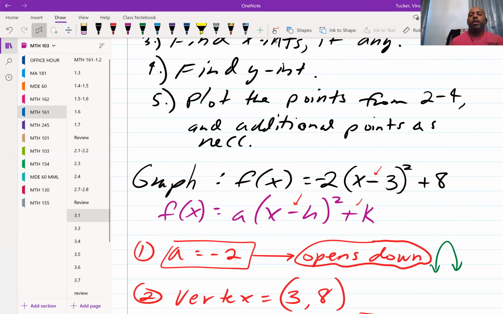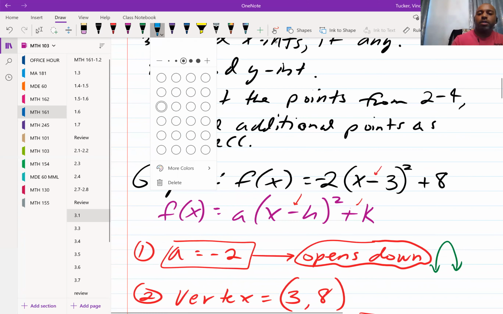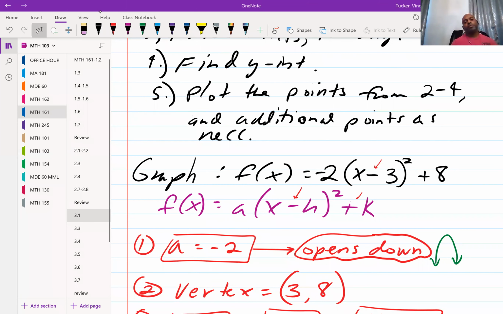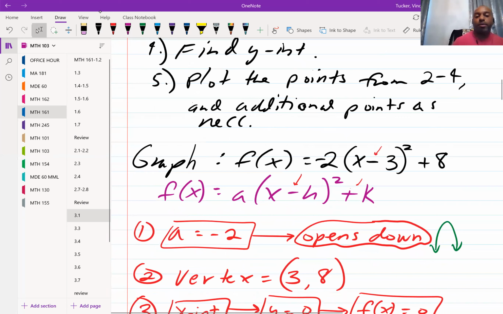Okay, so the first one that we'll do, notice the problem is already in standard form. We're going to have to do a problem that's not in standard form, so we'll come back and do that. I just want to do the problems that we have up to this point. So the first step is determining our concavity. a is -2, so that means it's going to open downward.